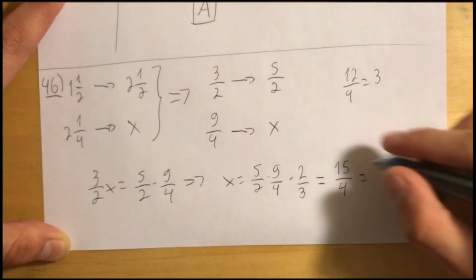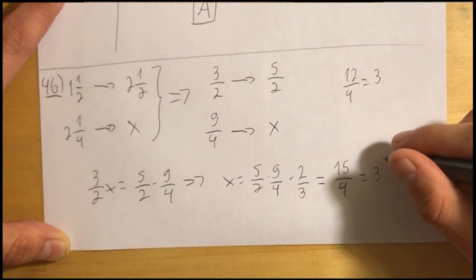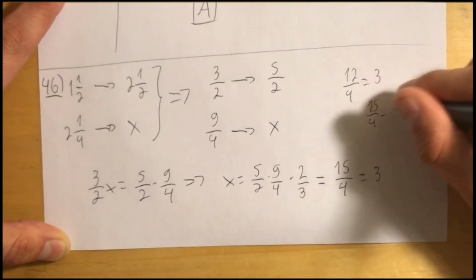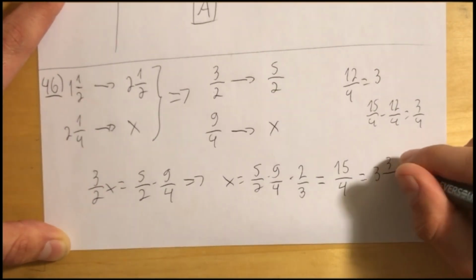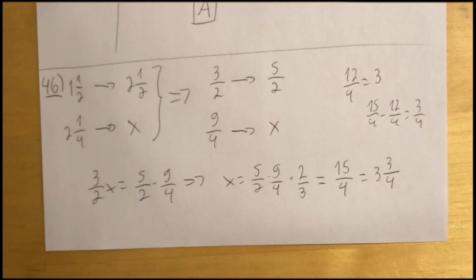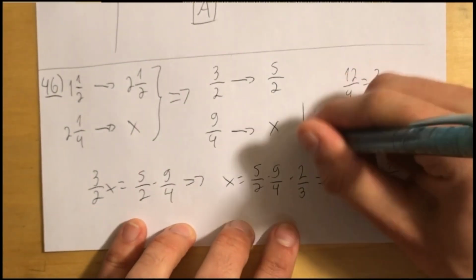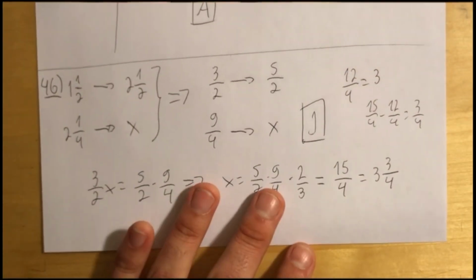So then this is the same as 3, and then 15/4 minus 12/4, 3/4. So 3 3/4, which gives us option J.